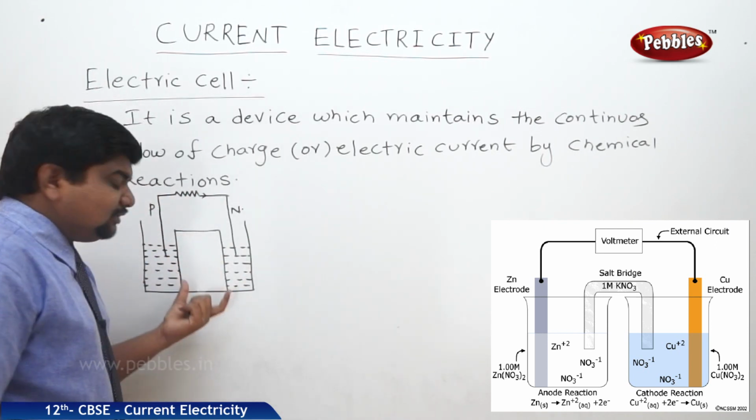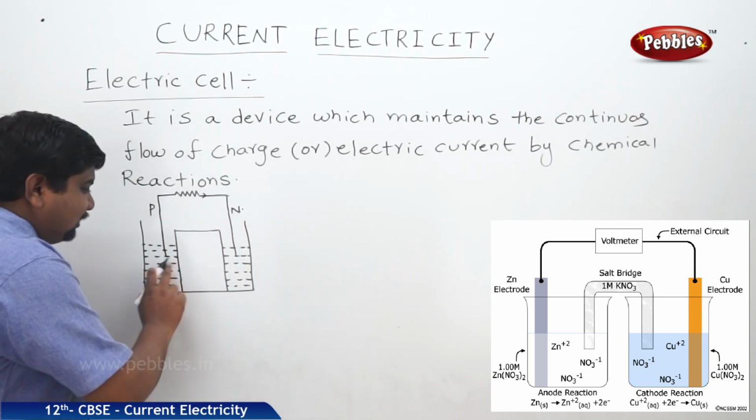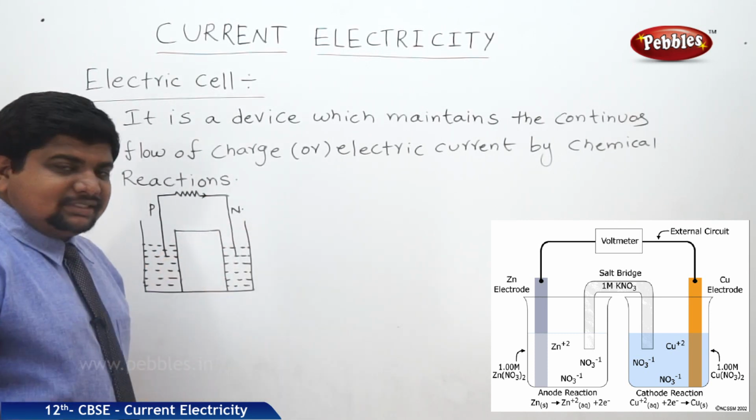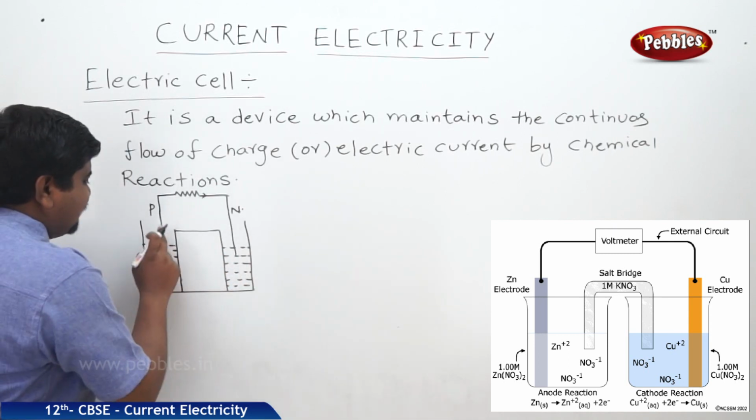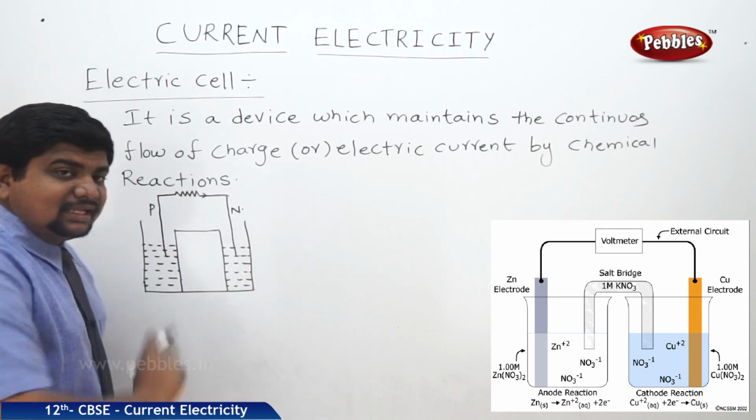But how does the power come to flow the charge? This electrolyte solution is the difference. This electrolyte solution is supplying the sufficient potential to transfer charge from one terminal to the other terminal.